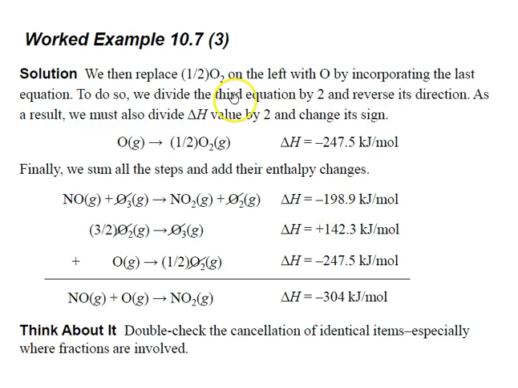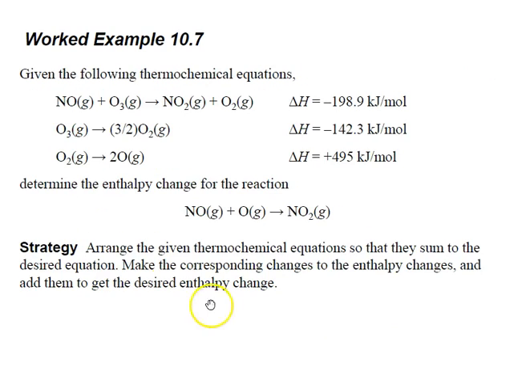What we'll do is divide our third equation by 2 and then reverse its direction. So when we divide by 2 and reverse the direction, we're going to generate oxygen produces 1/2 O2, and then the sign changes. So for flipping it, it'd be negative 495.